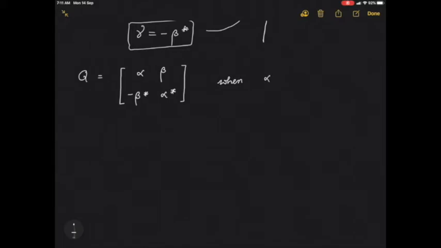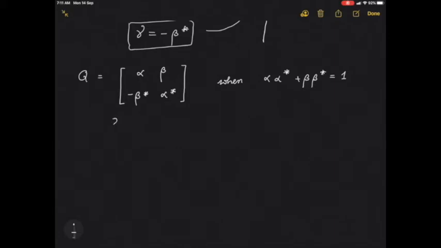Because I have written everything in terms of alpha and beta, I write alpha alpha star plus beta beta star equals 1. This is also a condition which has to be satisfied. So alpha and beta are not completely independent. There is one condition between them.